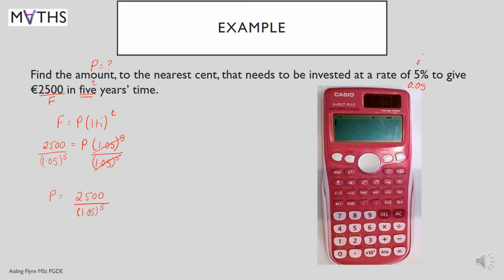And the answer we get for P is €1,958, and rounding to 2 decimal places, is it closer to 81 cent or 82 cent? 82, because the next digit is 5. So there you have that.